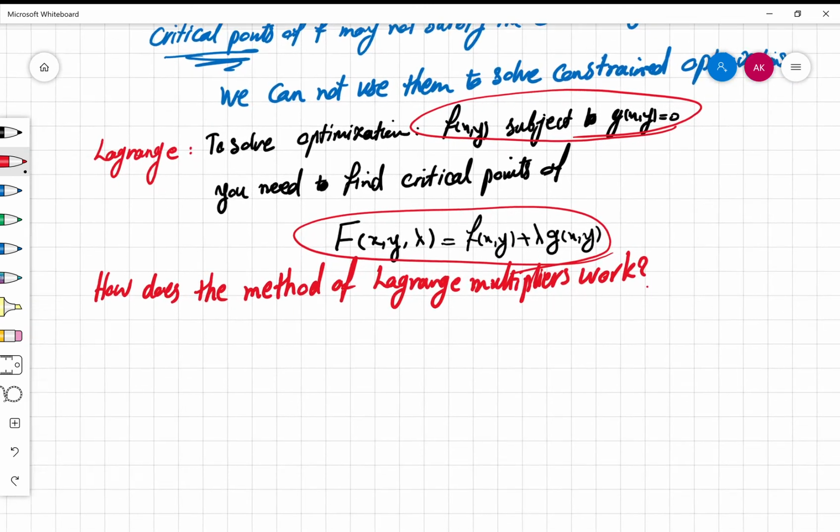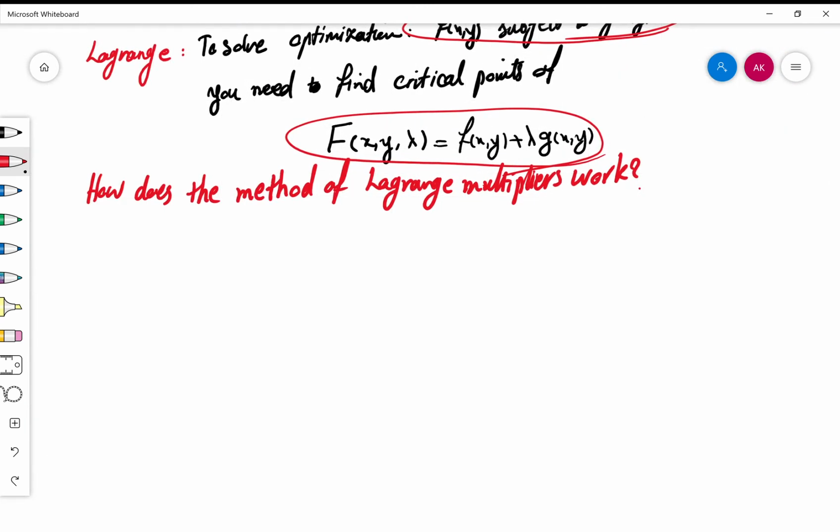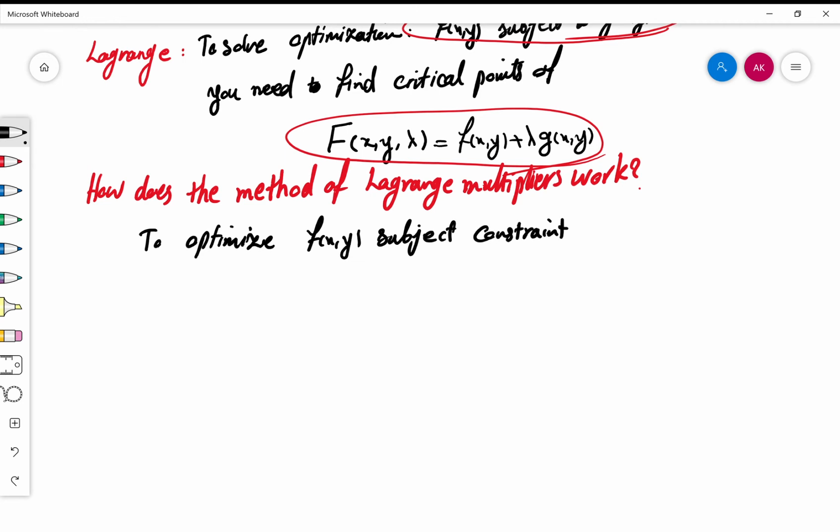What steps should we take? Let's start from the beginning. To optimize a function f of x, y with a constraint g of x, y equal to 0, we need to take these steps.